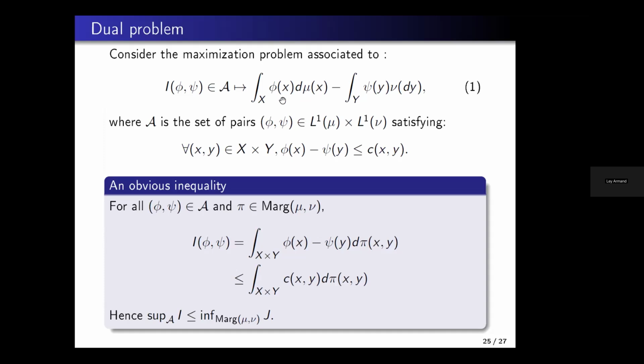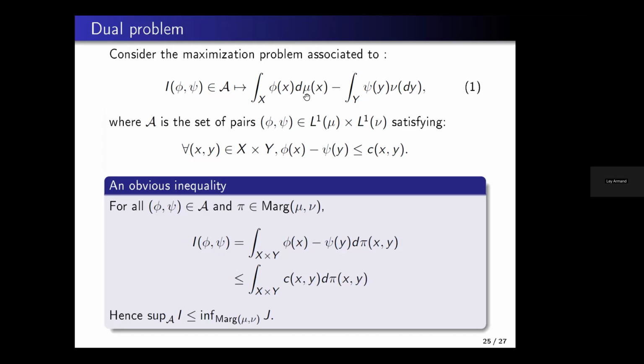This is the following problem. You consider pairs of functions and you have a constraint. You ask that for all couples x, y, phi of x minus psi of y is inferior or equal to c of x, y. Then among all these admissible pairs of functions phi, psi, you want to maximize the value of these integrals.